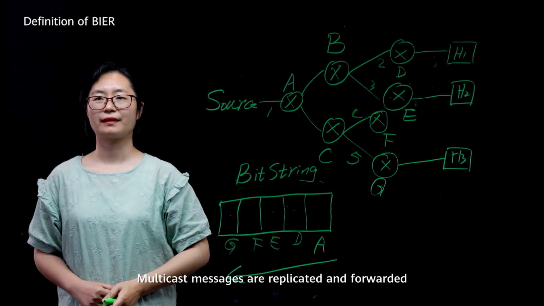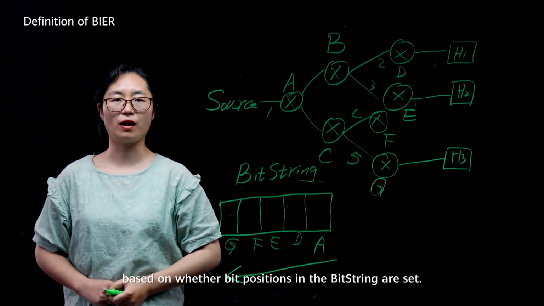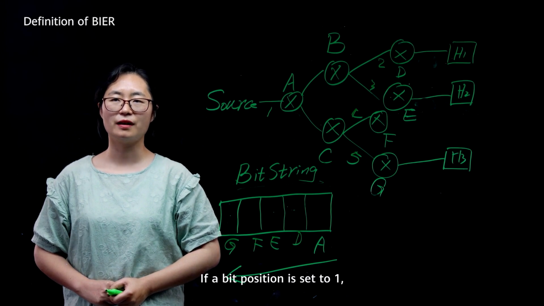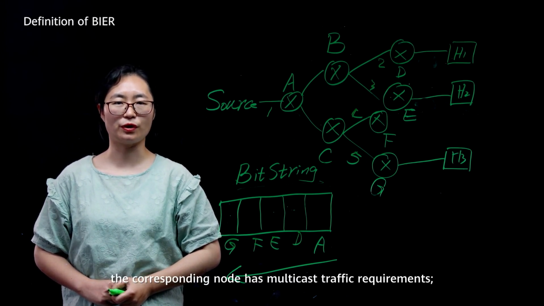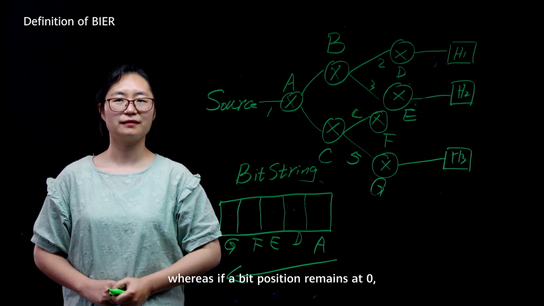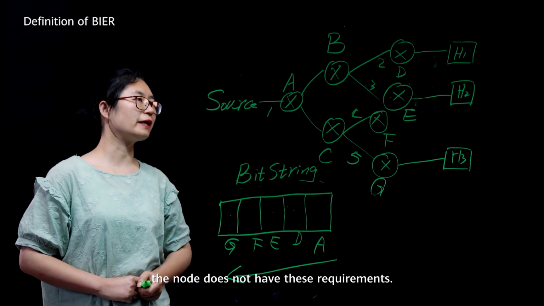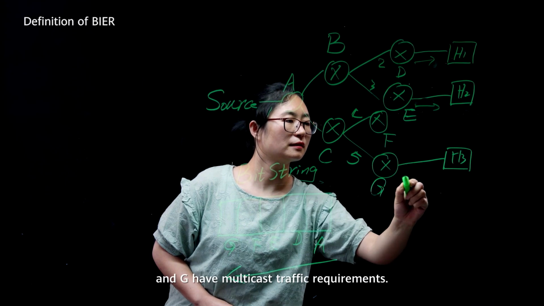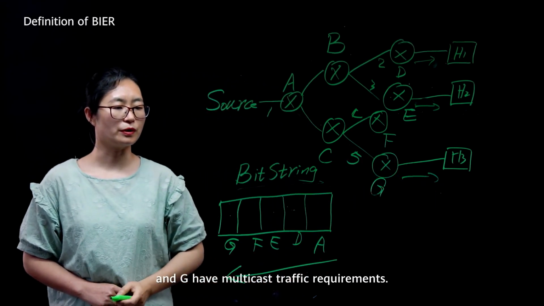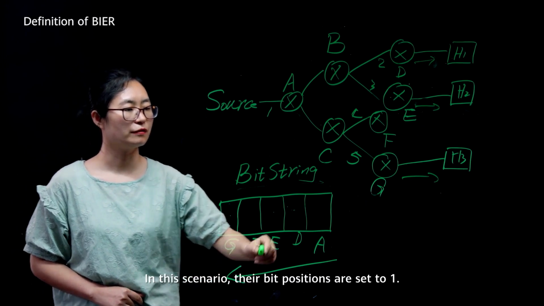Multicast messages are replicated and forwarded based on whether bit positions in the bit string are set. If a bit position is set to 1, the corresponding node has multicast traffic requirements, whereas if a bit position remains at 0, the node does not have these requirements. As shown in this figure, nodes D, E, and G have multicast traffic requirements. In this scenario, their bit positions are set to 1.